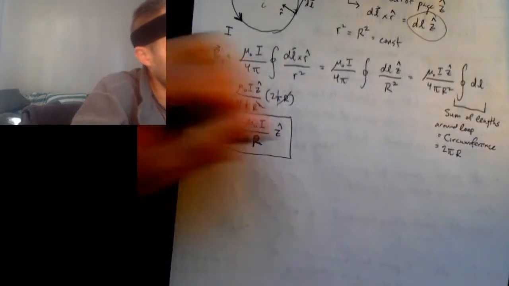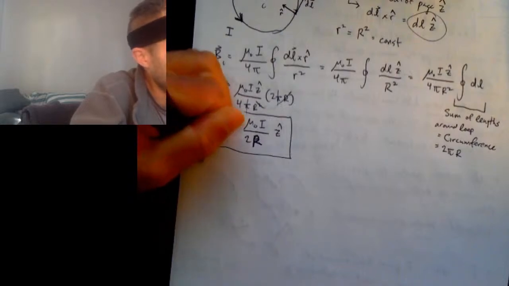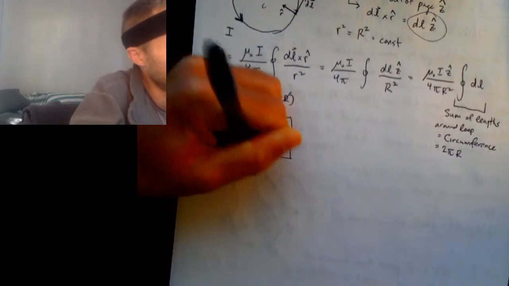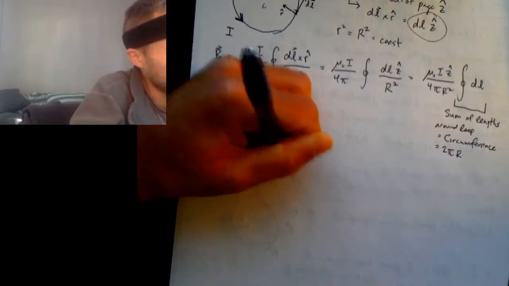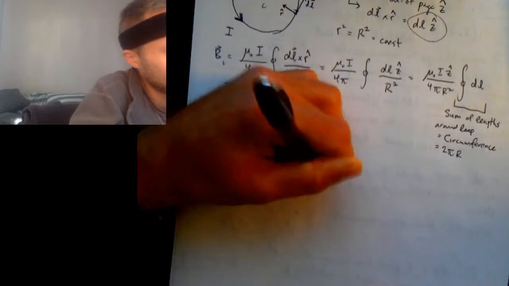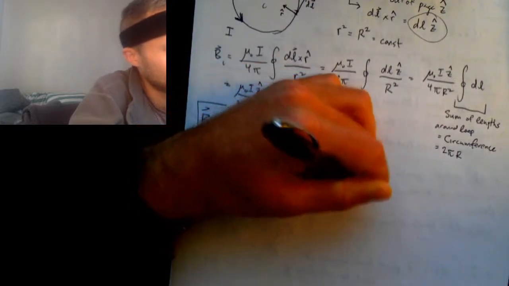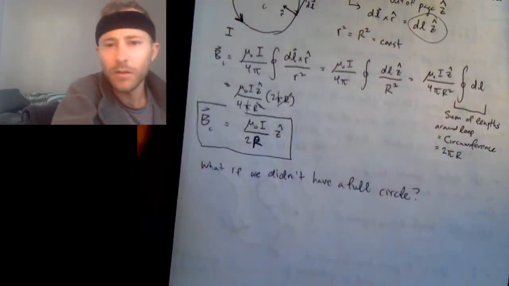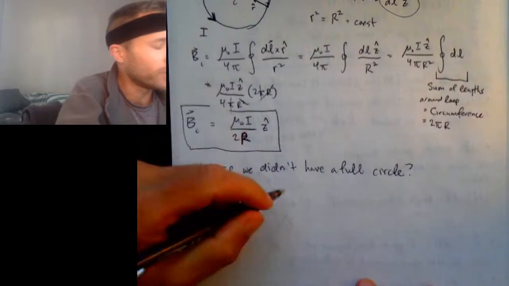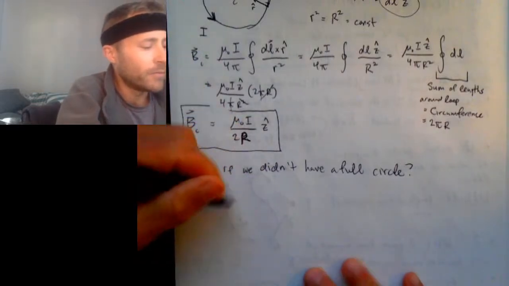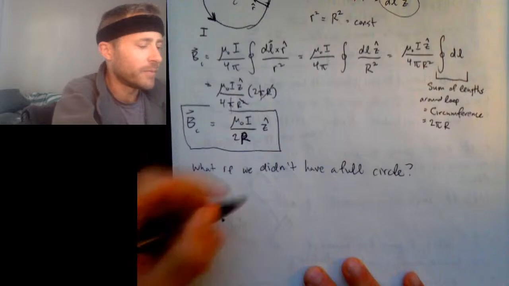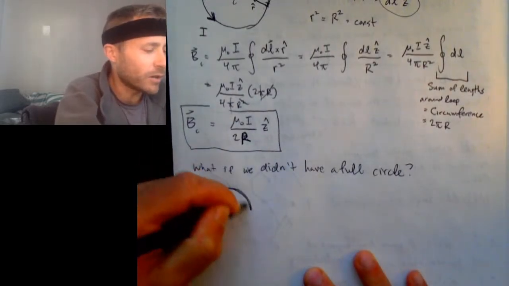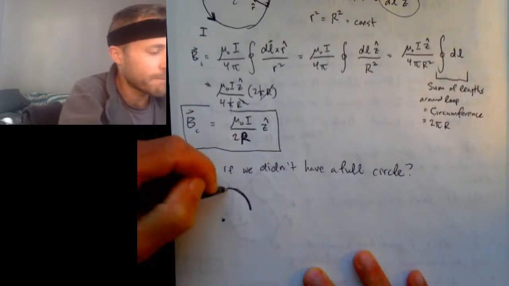So my next question for you is, what if we didn't have a full circle? If we didn't have a full circle, let's say that this is the center, and instead we only had a circular arc.